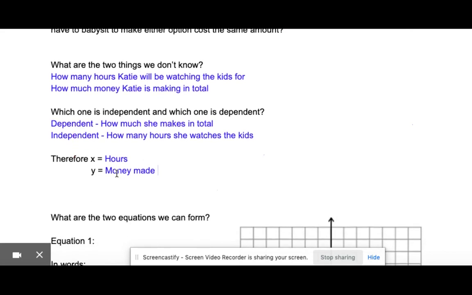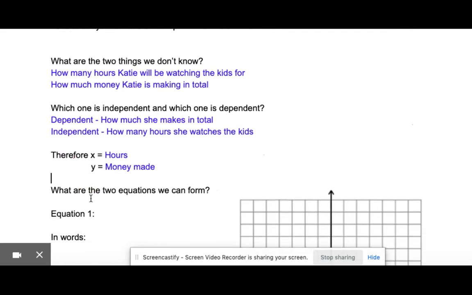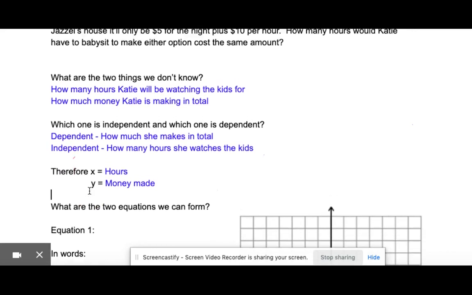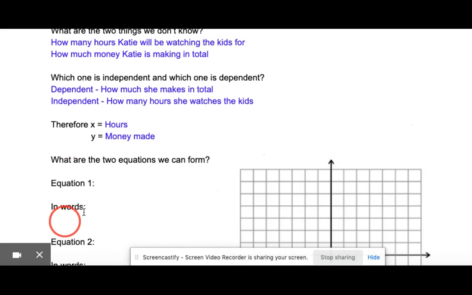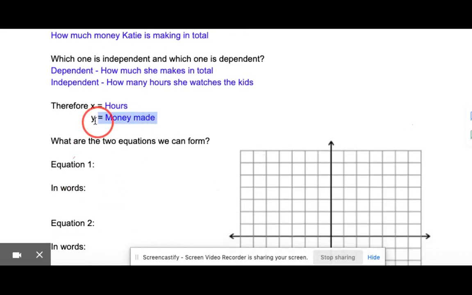So knowing all of this now, we have to start forming our equations. Sometimes it's easier to write them in words before making the equations. So remember Y, the total amount of money she makes. I can always start out in words by saying the total amount of money she makes is, because is means equals in math.